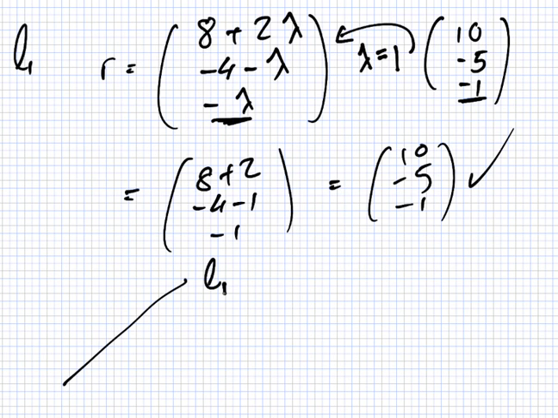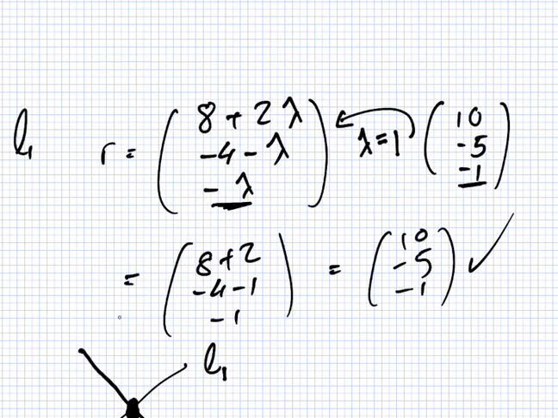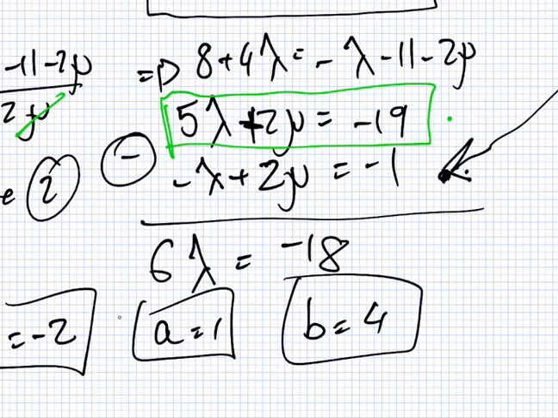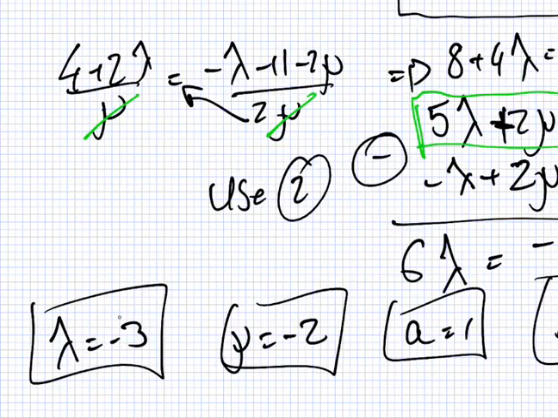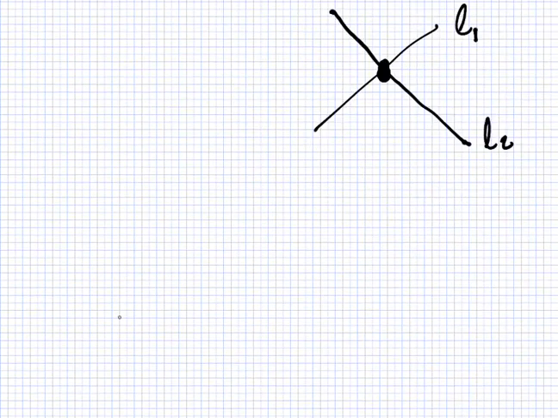There's L1. Now, we didn't need to work it out in the last part, but we haven't worked out where the two lines meet, which is what we did in the last part. So in my answer for the last part, if we take these numbers here and sub them in to any of the two, we can find out where they meet.